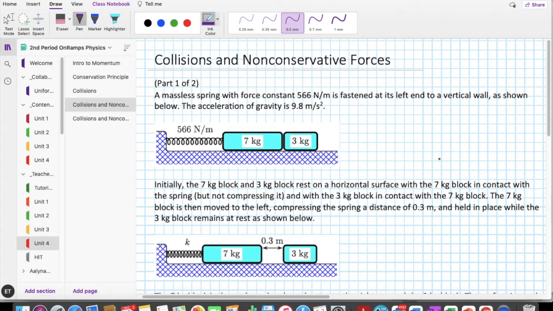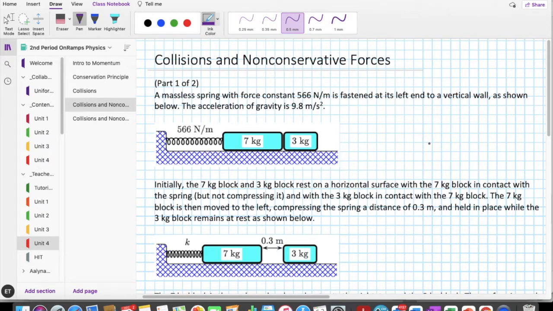And then it says, initially, the 7 kilogram block and the 3 kilogram block rest on a horizontal surface with the 7 kilogram block in contact with the spring, but not compressing it. So pretty much this. And with the 3 kilogram block in contact with the 7 kilogram block.